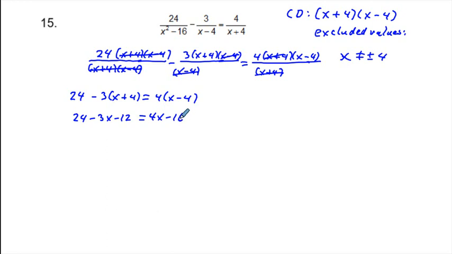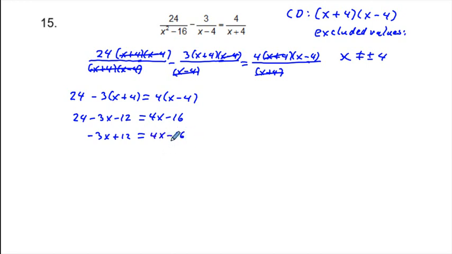And so, just combining on the left side, we have negative 3x plus 12 is equal to 4x minus 16.